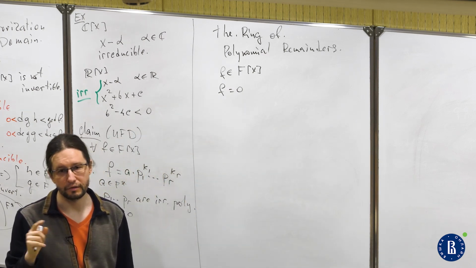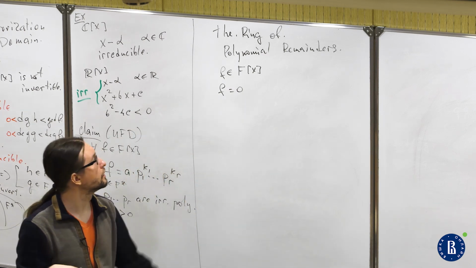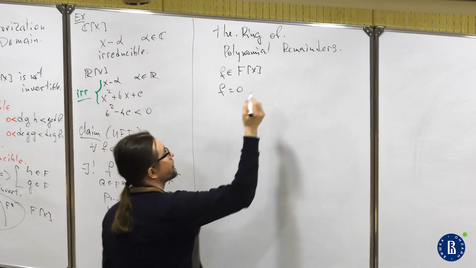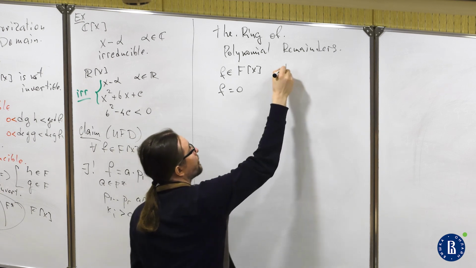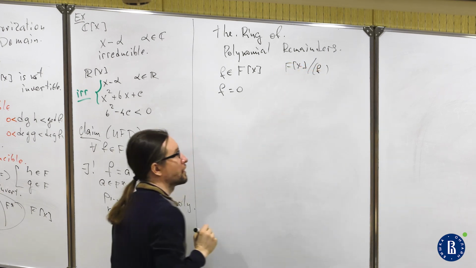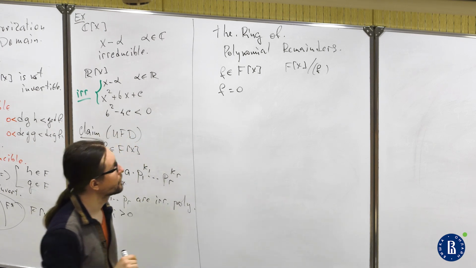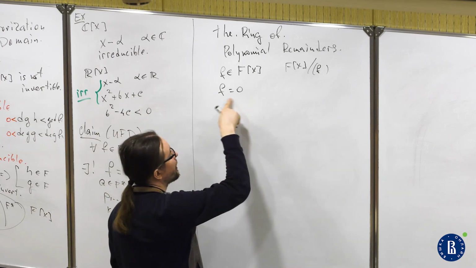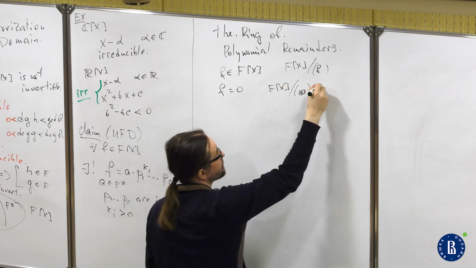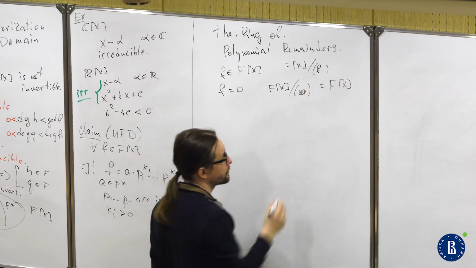By definition, the remainders modulo the zero polynomial are just the polynomials themselves. So I define this notation, F[x] modulo f: if f is 0, then F[x] modulo 0 is just F[x].